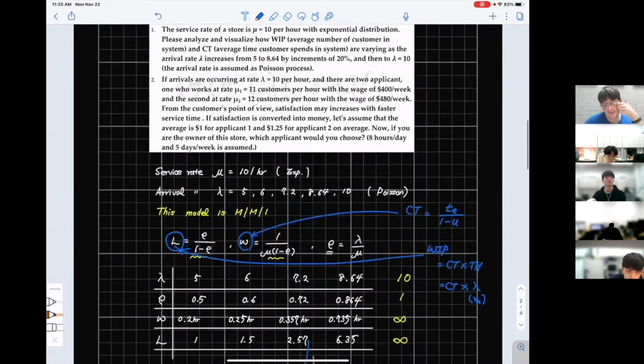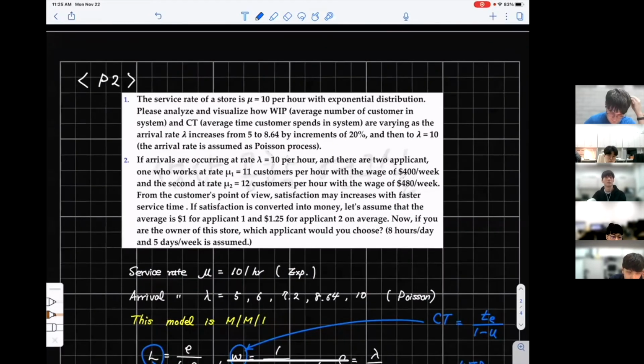And the second sub-problem is not one that I intended, because my intention was to find a break-even point between the two applicants, but this problem is not like that.